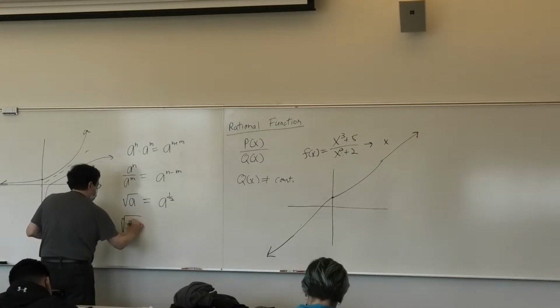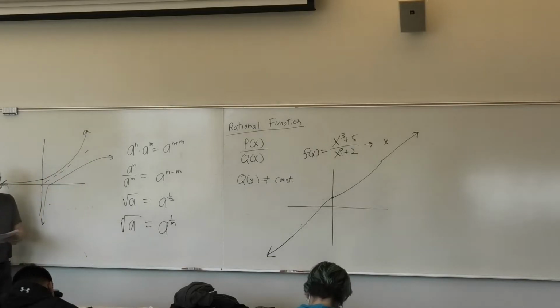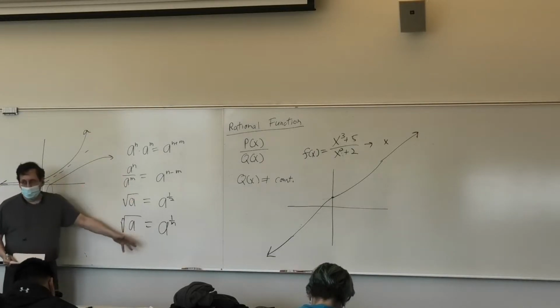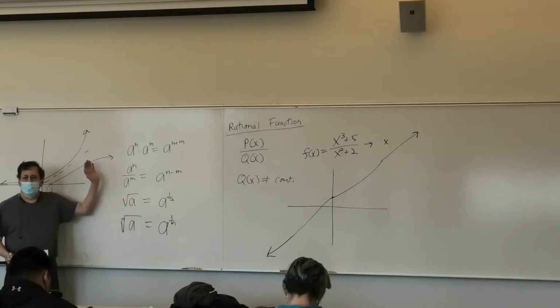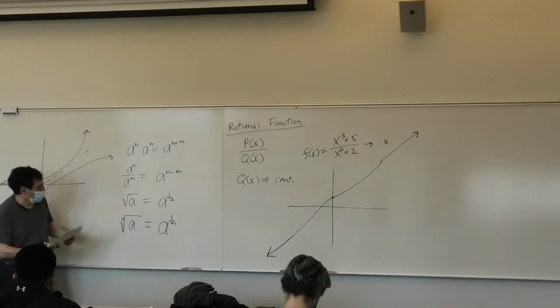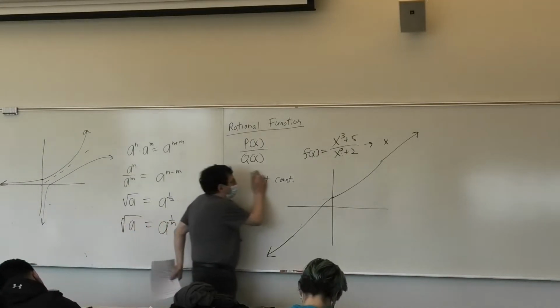Any root, the nth root of a, is a to the 1 over n. There's a few more you should be aware of. I'm not going to redo pre-calculus here, but be aware you need to know how to handle exponents.